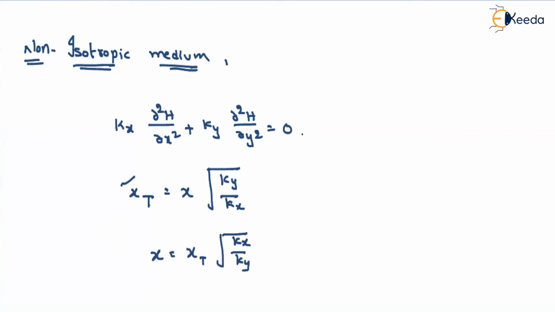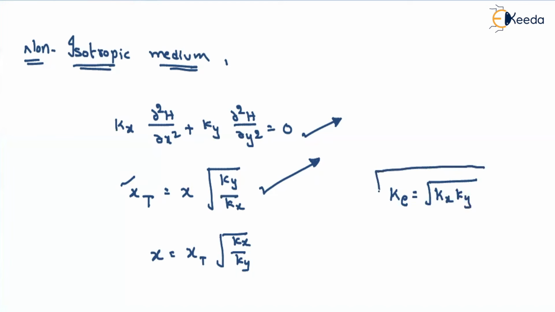For the GATE exam, you have to remember this equation by heart. If we substitute in this equation and solve, we will get the equivalent permeability as under the root kx into ky. By using this equivalent permeability, we will find out the seepage quantity.